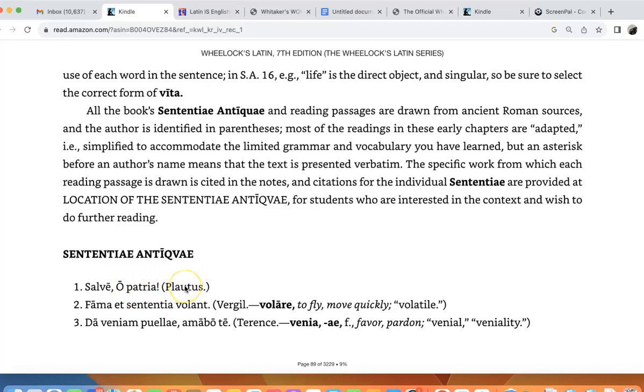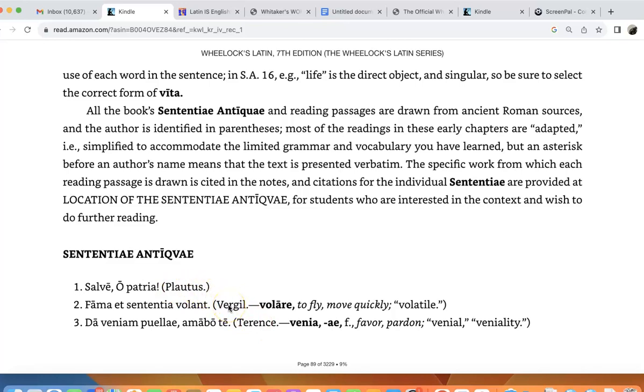So Plautus, he was a comedian. In the first part of your book, they do give a brief biographical description of these various authors. So you want to familiarize yourself generally with them. But remember, what we know about Rome and what we know about Latin is from its great writers. And so hence why our examples are based on Latin writers.